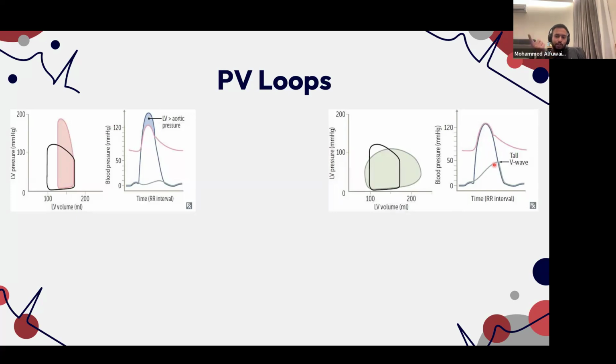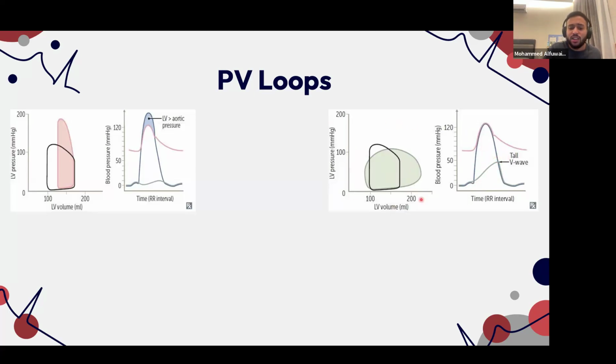Regurgitation. Good. Mitral regurgitation. The valve is not strong, so blood in systole, when the ventricles are contracting, will seep into the atrium. So when it seeps into the atrium, you'll see a descent in the atrial pressure during systole. This is not supposed to happen. So the atrial volume will be elevated.